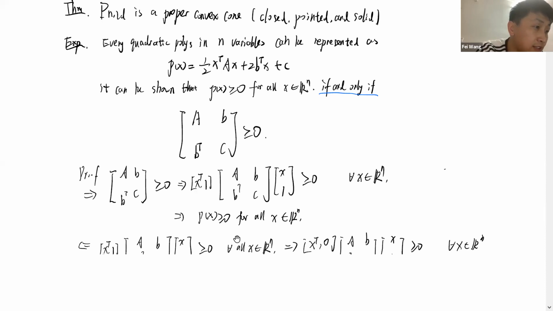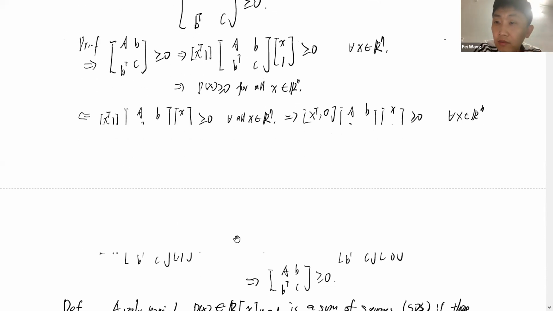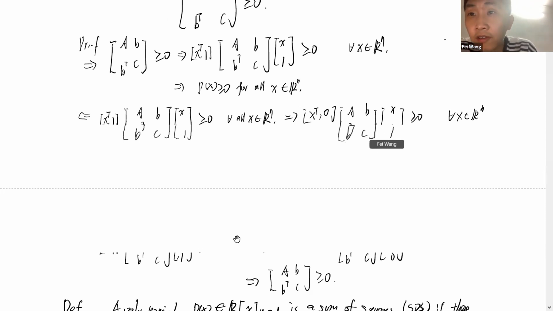Okay, and then for the other direction, if I have p(x) non-negative, then (x, 1)^T times the matrix times (x, 1) is non-negative for all x in R^n.